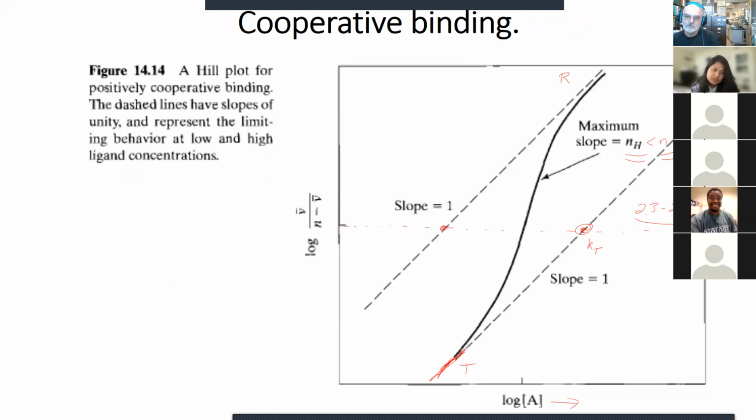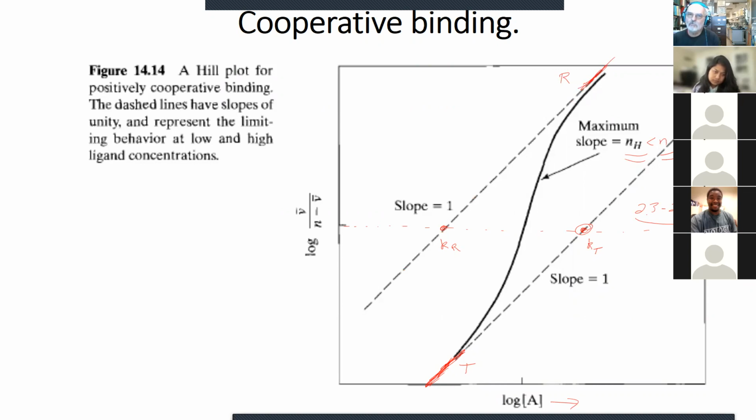Okay, so if we extrapolate from those conditions, that will correspond to a slope giving you KT. At high concentrations, the slope up here will extrapolate to KR. So it's this part of the curve that will give you the KR, and this part of the curve that will give you the KT.